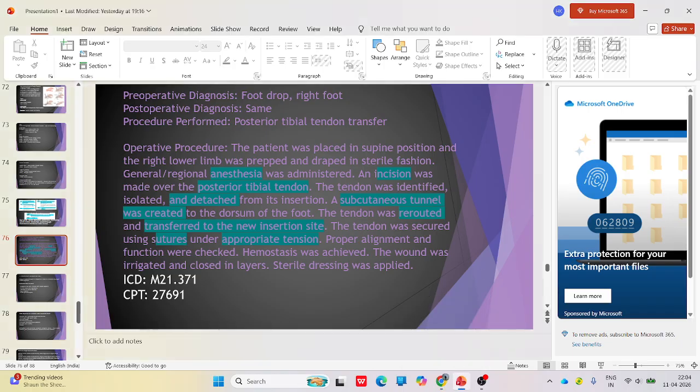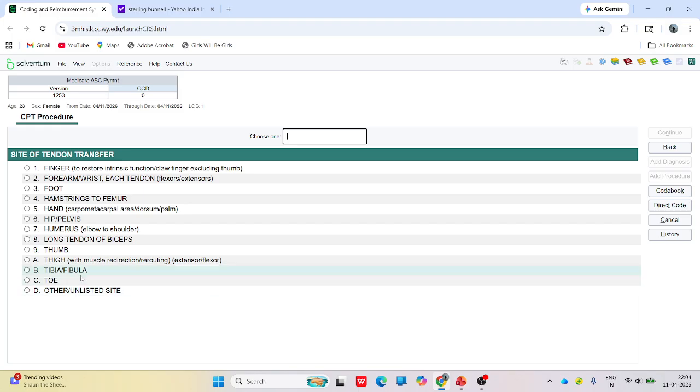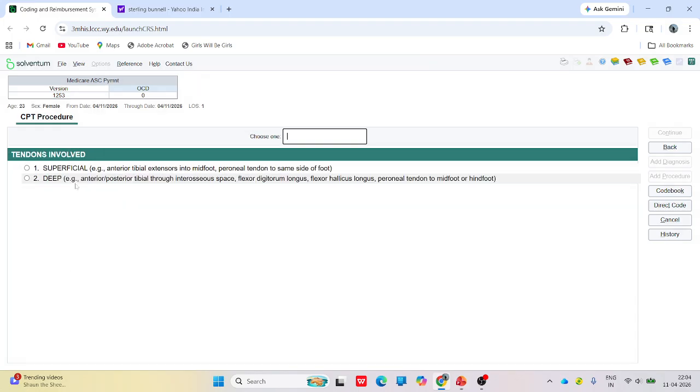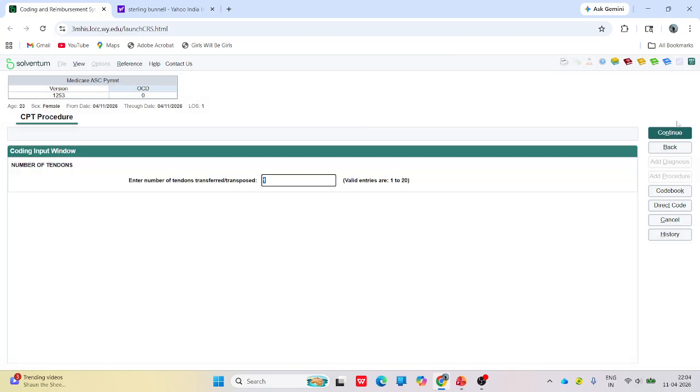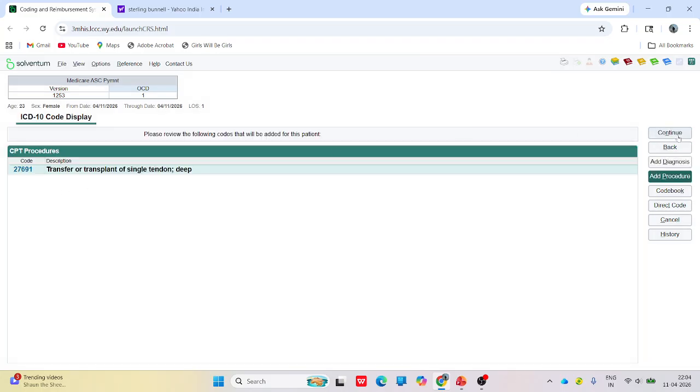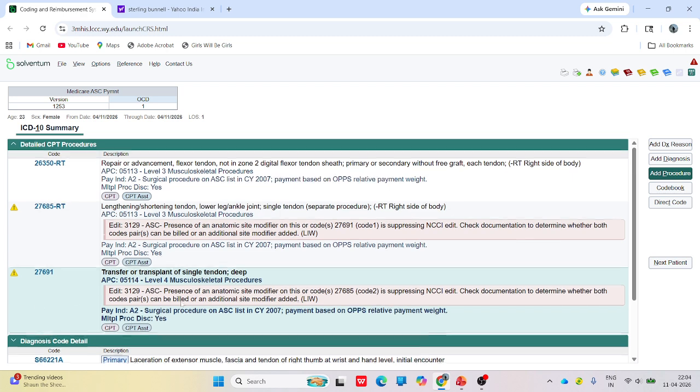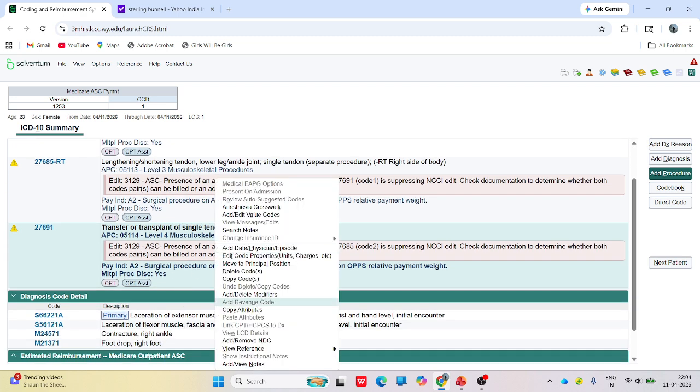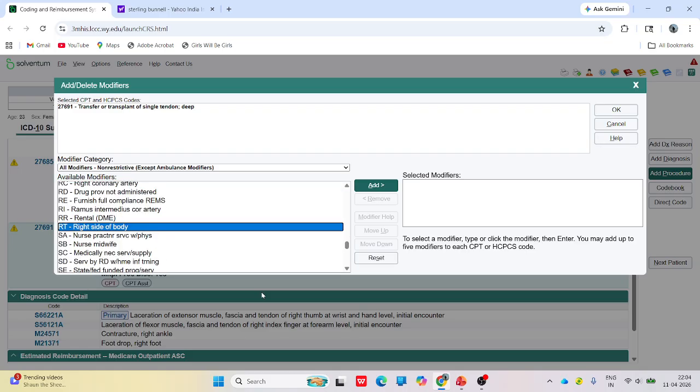Tendon transfer of the posterior tibial. Tibia, so it's in the posterior region. Here there is an anterior tibial extensor, so it's in the deep. Only one tendon has been transferred, so 27691 simply. I'll append the right modifier as per the documentation.